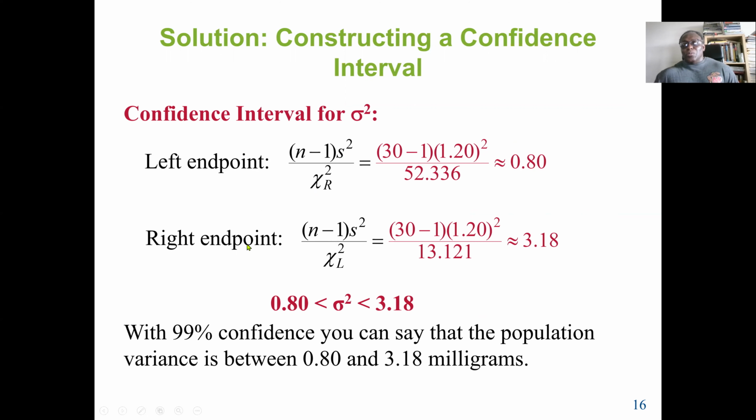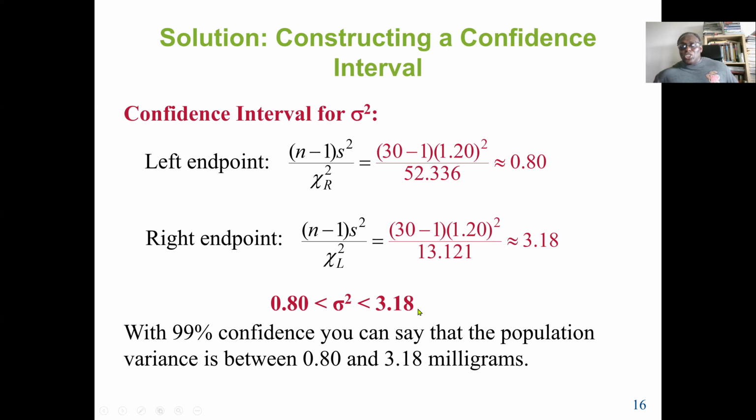We go to the right-hand point, the same formula, but we divide by chi-square to the left. So 30 minus 1 times 1.2 squared over 13.12, and that gave us 3.18. So this means the confidence interval for the population variance will be greater than 0.80 and less than 3.18.